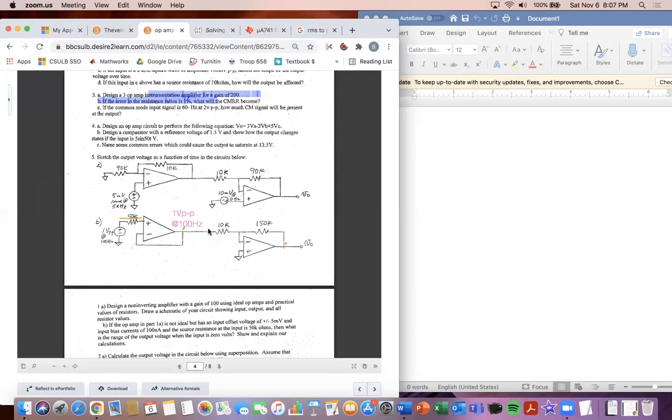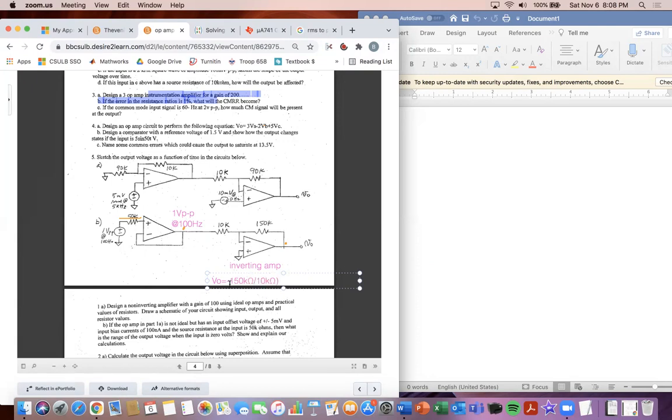Okay, now that we know that source, we can look at the second one, and we notice that this is an inverting amp with that source because we have 0 volts at the positive terminal and we have 1 volt peak to peak at the negative terminal. Okay, using our equation, V output is going to be equal to negative 150K ohms divided by 10K ohms.